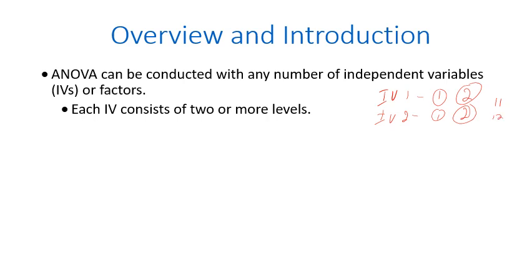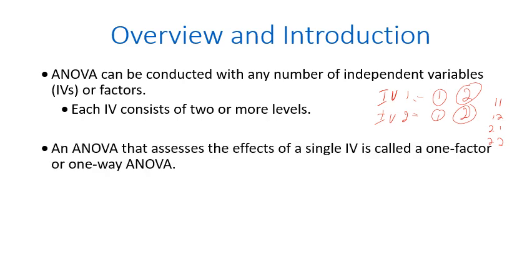You're going to have 1,2, somebody who's 1 on 1 and 2 on 2. You're going to have 2,1 and 2,2. So you're going to have 4 different groups, so you're not making just one comparison here. So in this sense, you could have independent variables with only 2 levels, but if you've got multiple independent variables, you're then making more than one comparison.